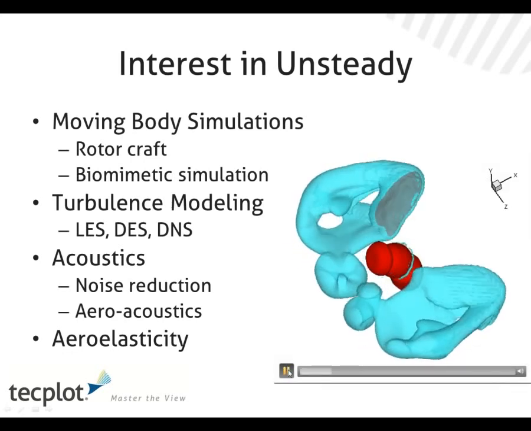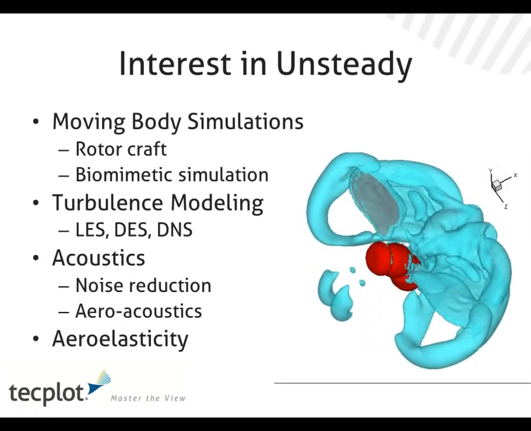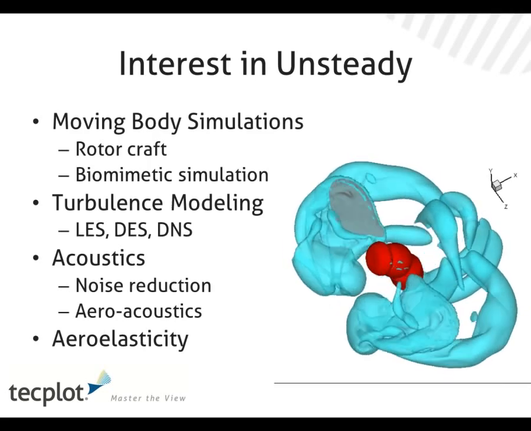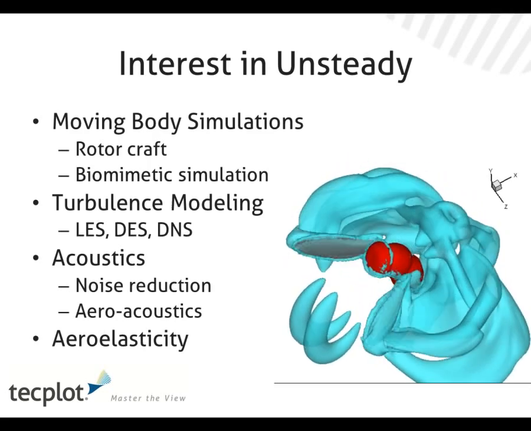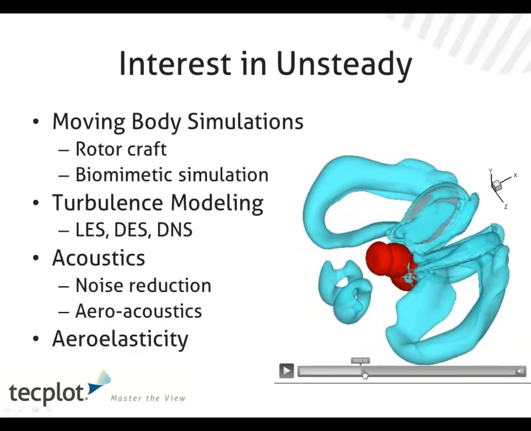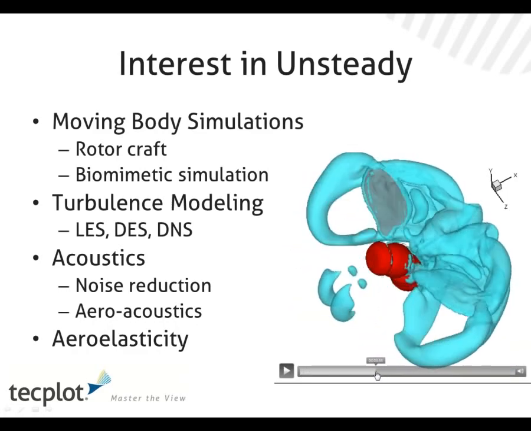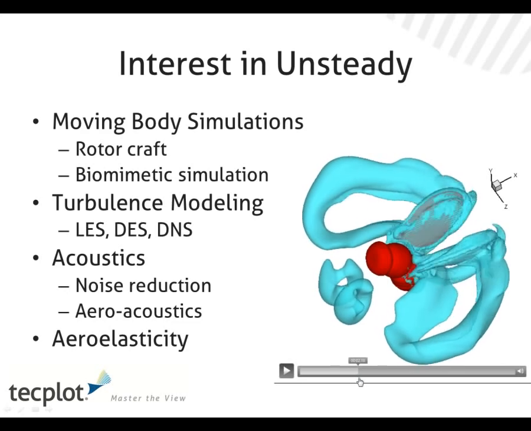People have been exploring these methodologies. One, of course, is biomimetic simulation, like looking at the flight of a bumblebee or a dragonfly from our most recent story. There's also a fair amount of interest in rotorcraft. I love this simulation, by the way. It's so complex fluid dynamically; you see the vortices interacting. It's quite cool.